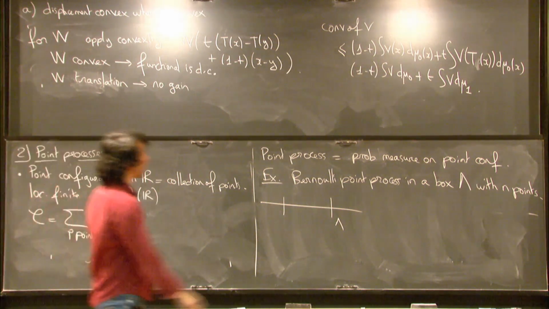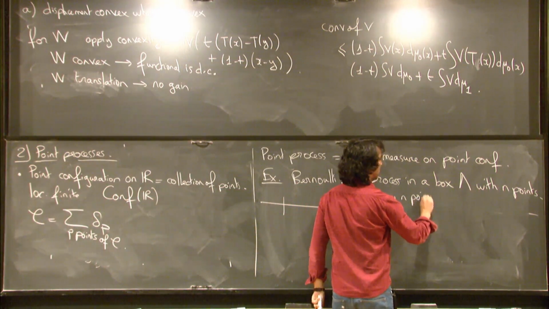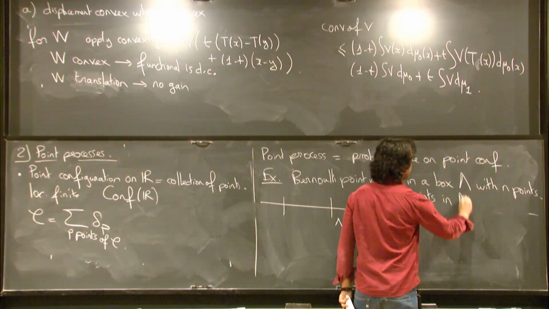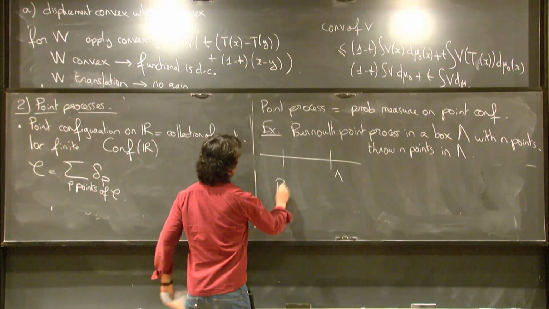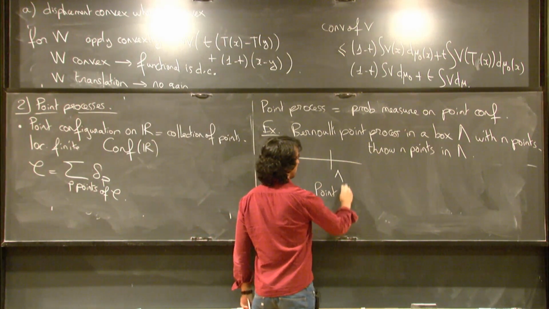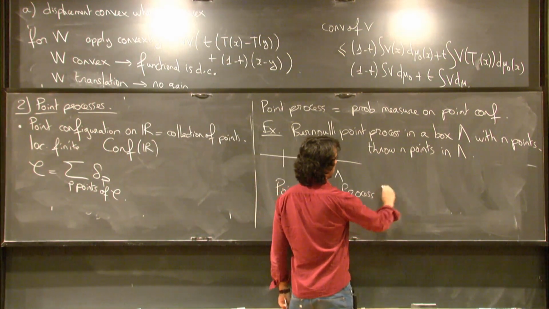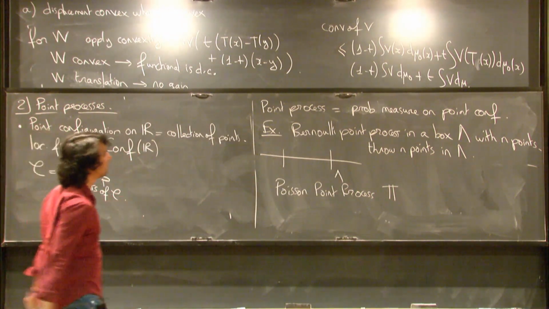Okay, so you just throw n points in lambda. And then there's the Poisson point process, which is really the limit of this when you take the big box.